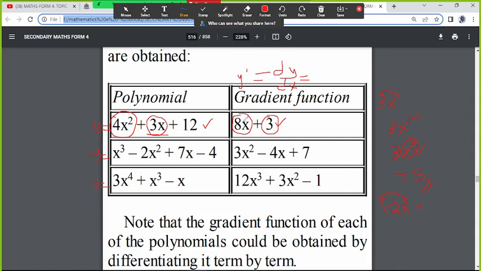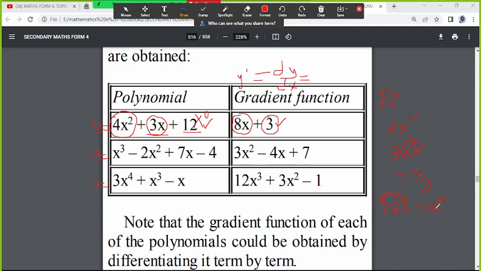So when we have 12 in a polynomial and we want to differentiate it, it means that it has x to the power of 0, only that we don't include x to the power of 0 because it is 1. Now let's differentiate 12x to the power of 0: 0 times 12 is 0, times x to the power of 0 minus 1.